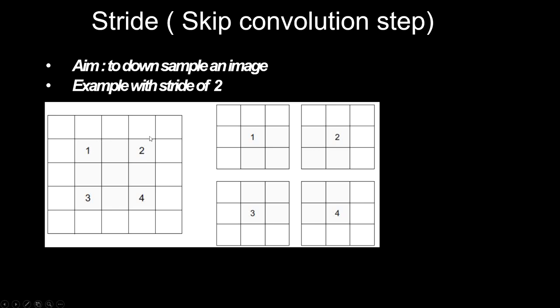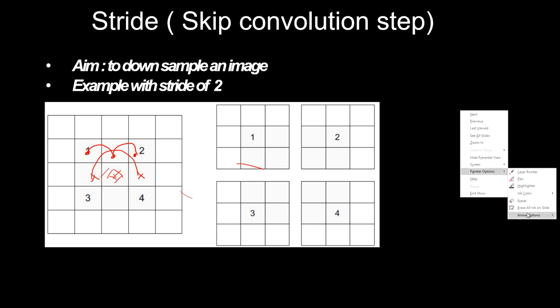Stride of 1 means that you start in this location, you move to the next part, and then to the next part, and then to the other part. Stride of 2 means that if you start with this location, you just move on to the next part here, which means you skip this part. This is the meaning of stride of 2.